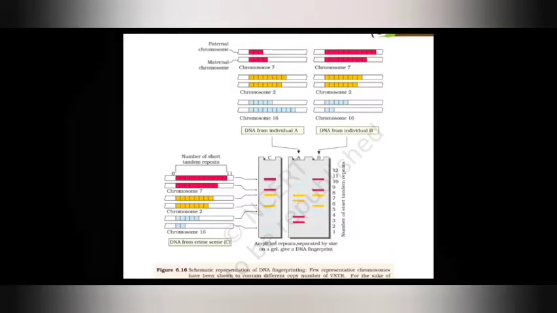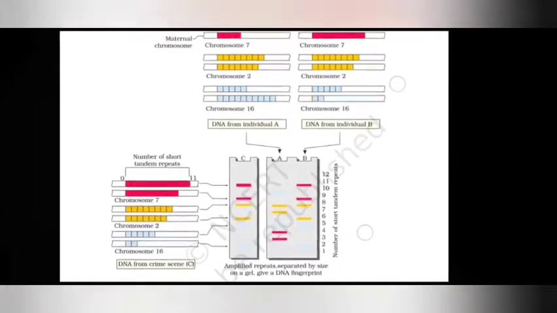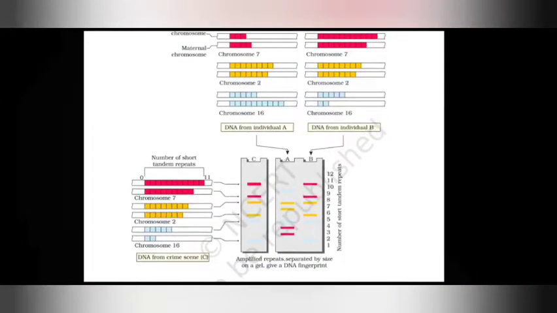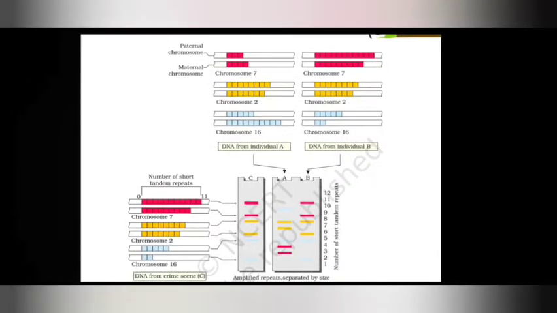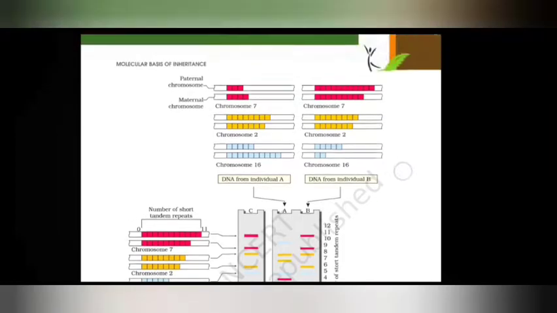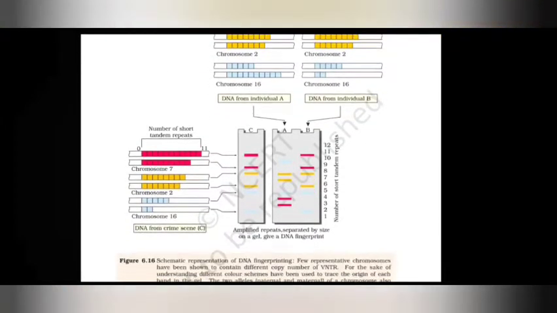So let us again come back to the same diagrams. Here you can see there is a chromosomal pattern shown. So chromosome number 7 of two individuals A and B. All human beings inherit the chromosomes from their parents, paternal chromosome and maternal chromosome. So chromosome number 2 and chromosome number 16 are studied here.